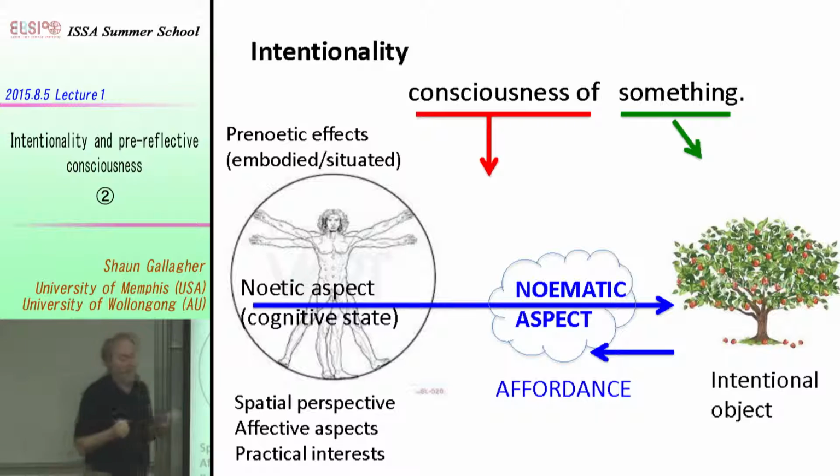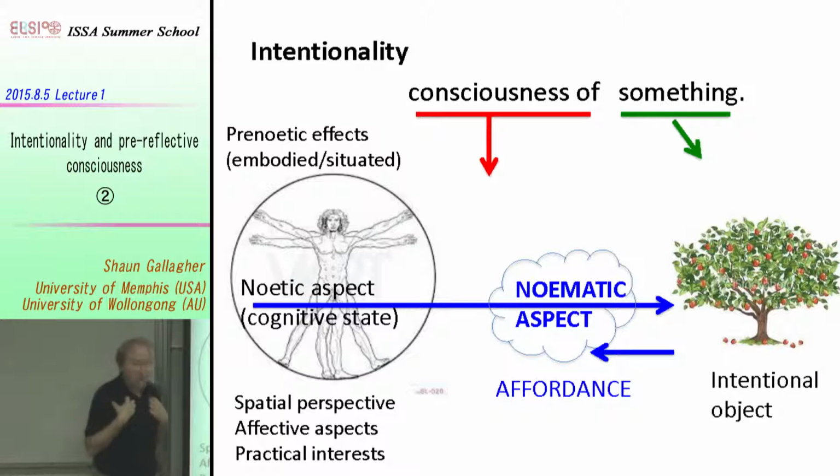It has to do with how your body fits with the environment. A chair, for example, affords sitting, but only because I have limbs that bend in a certain way and I'm of a certain size. So that chair doesn't afford any sitting to an elephant, right? But does to me.